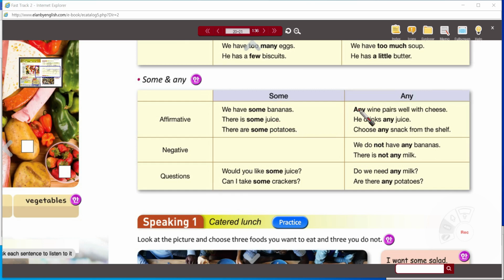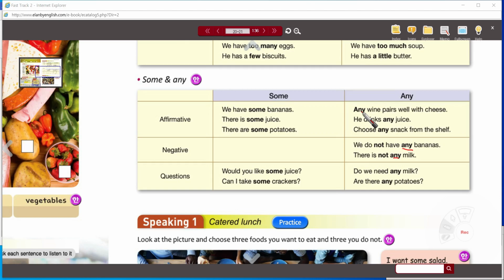Okay, and same thing with any. Any wine pairs well. He drinks any juice. So wine, I guess it's a non-count noun in that case. But you could say any glass of wine. So these are not used in the same sense as they are down here. Any bananas, any milk. So bananas is a count noun and milk is a non-count noun.